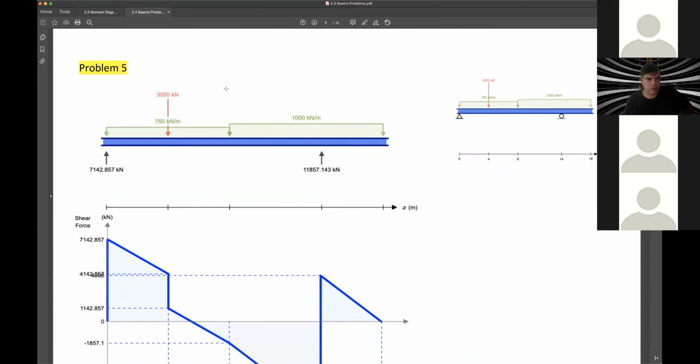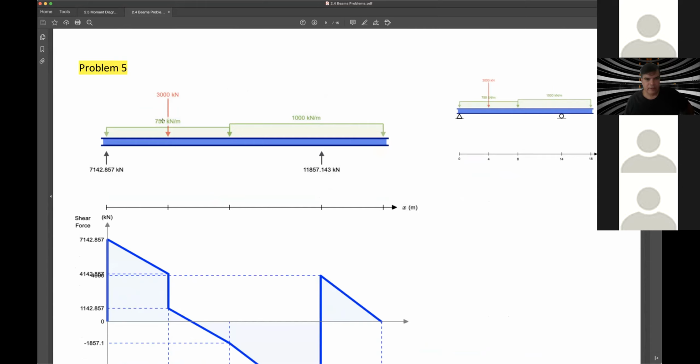This is problem number 5. The deal here is that in a problem, you can have written 750 kilonewtons per meter or per foot, which is not important, or you could have written the total weight.